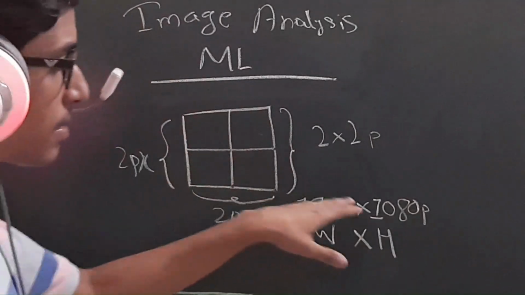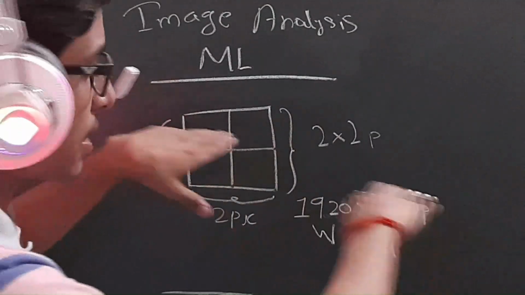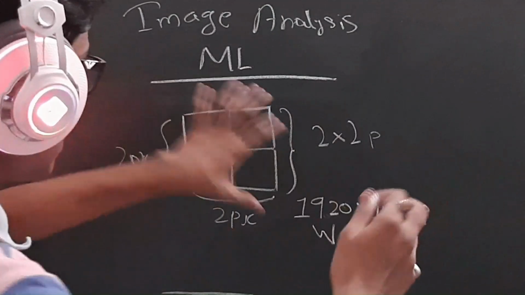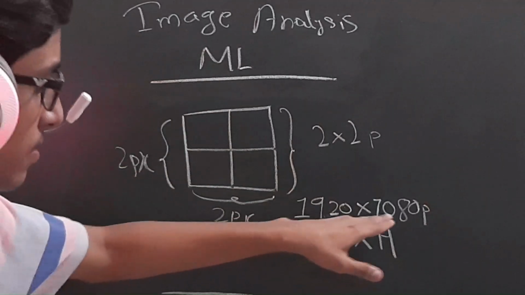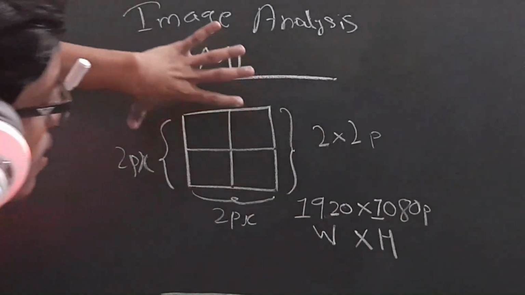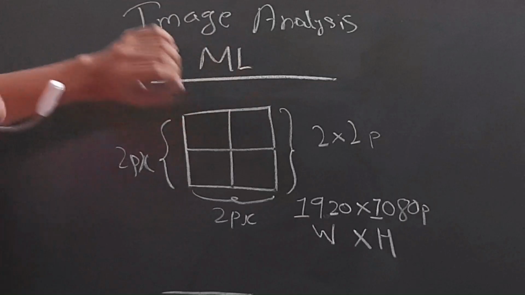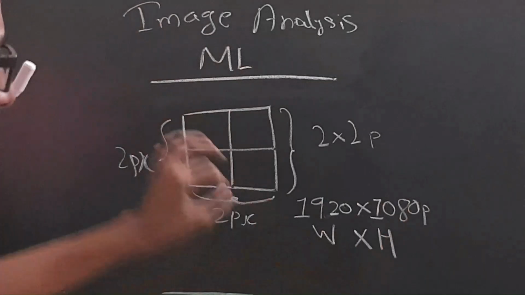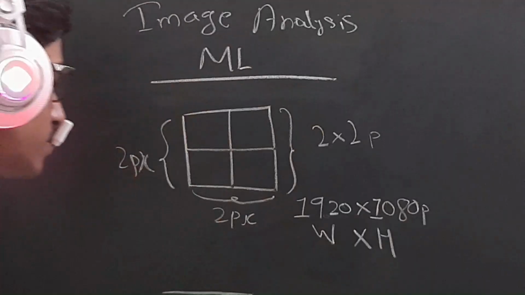So this particularly means that there are 1920 pixels in the length of the image. Suppose this picture was said to be a full HD image, then there must be 1920 pixels in this horizontal range, and 1080 pixels in the vertical range, right?